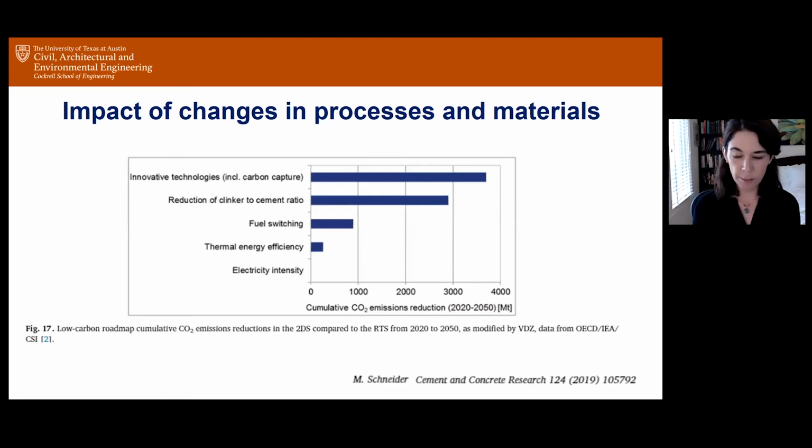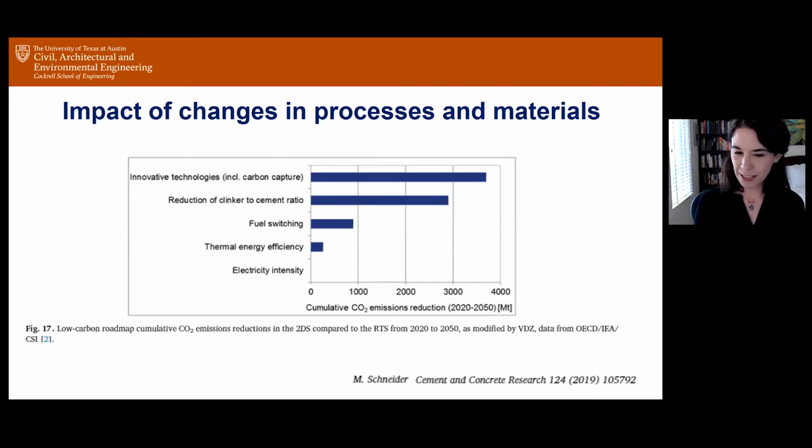There's another study that's come out of Germany that's looked at this as well. And again, they're stressing innovative technologies, carbon capture, other types of changes to equipment itself, whereas looking at the cement systems is less of a contribution, but still important.